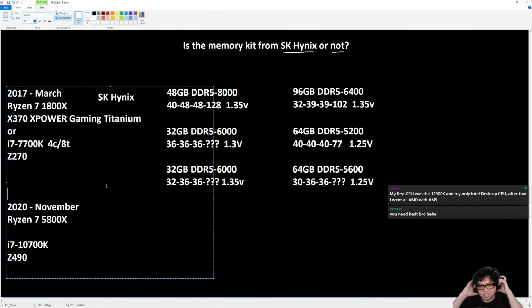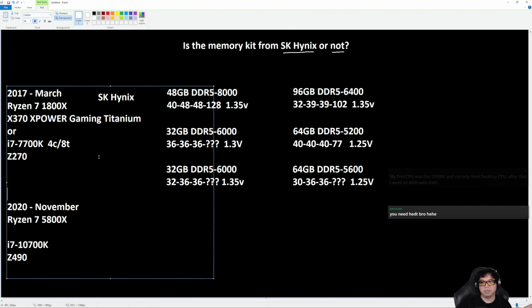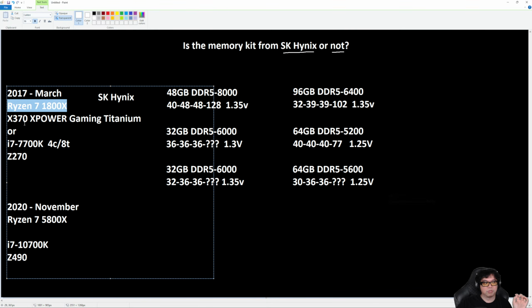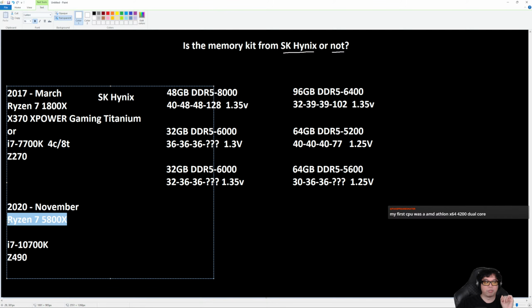And the crazy thing is, this example that I'm giving you guys is the most extreme example, because this was the first and this was the last. Keep that in mind. It started with Zen 1. AM4 ended with Zen 3.